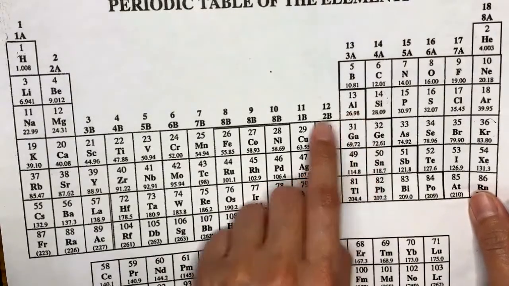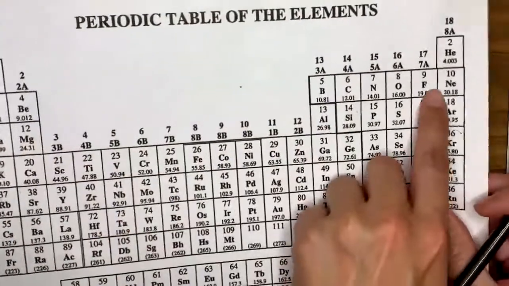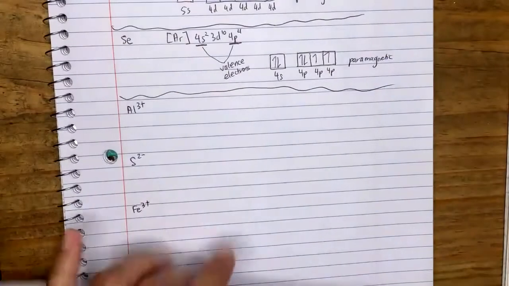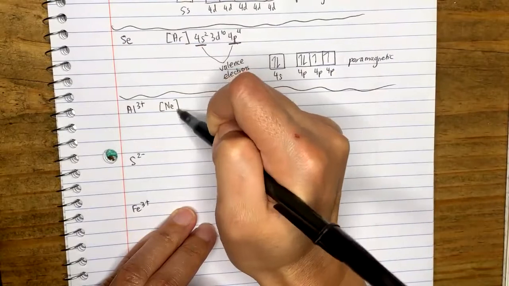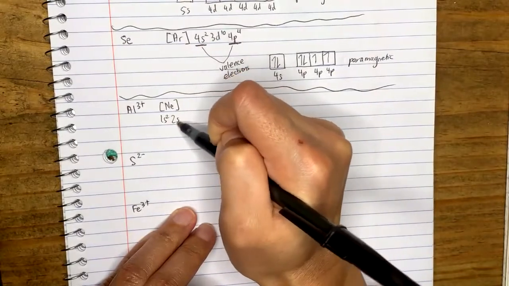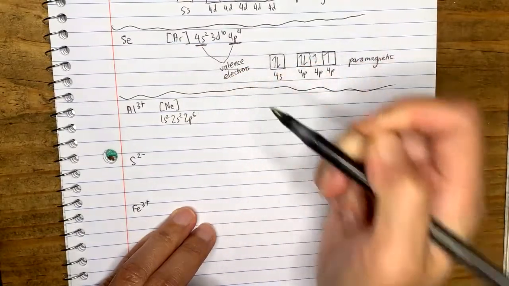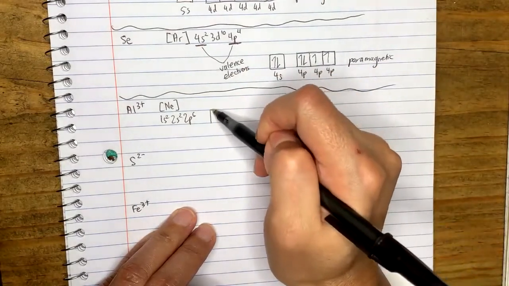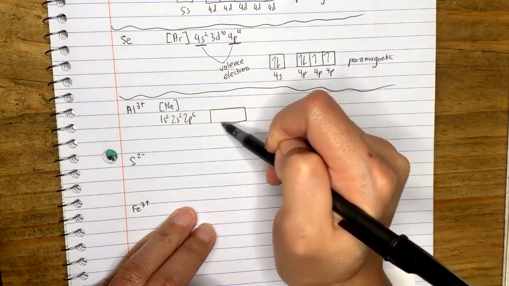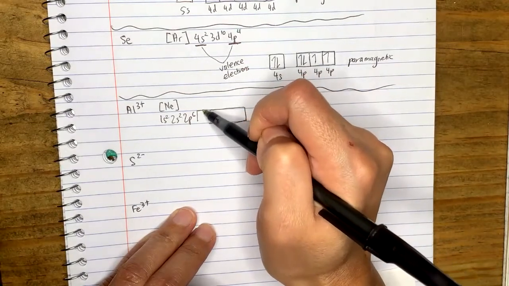Lose 3, 1, 2, 3. It looks exactly like neon. Okay, so when it looks exactly like neon, it's 1s2, 2s2, 2p6. Everybody's filled. That's completely filled, right? So I can draw it out. I guess I'll draw the 2s right here.